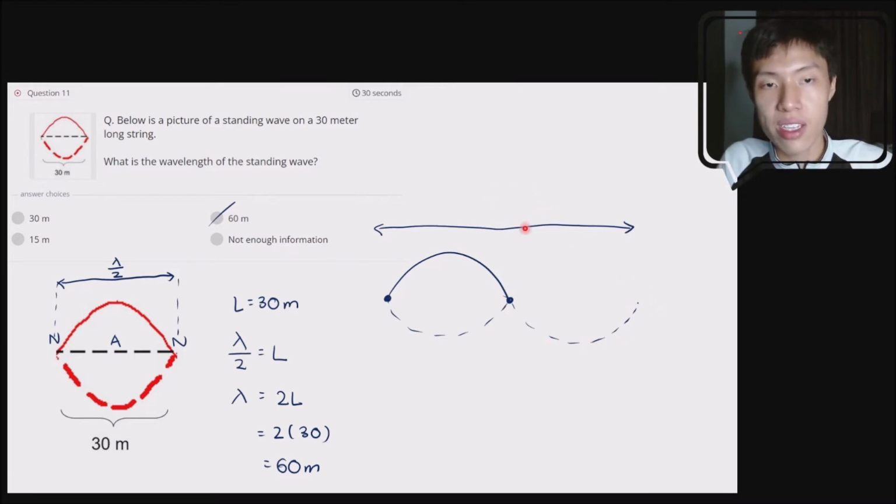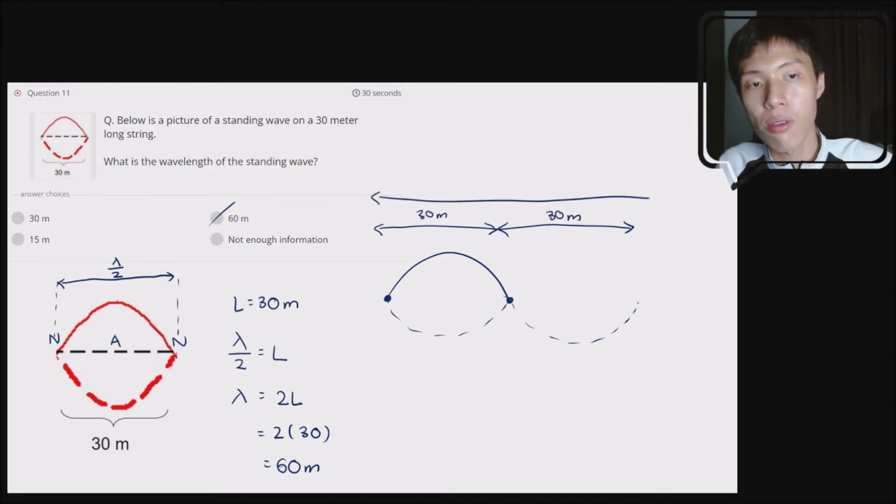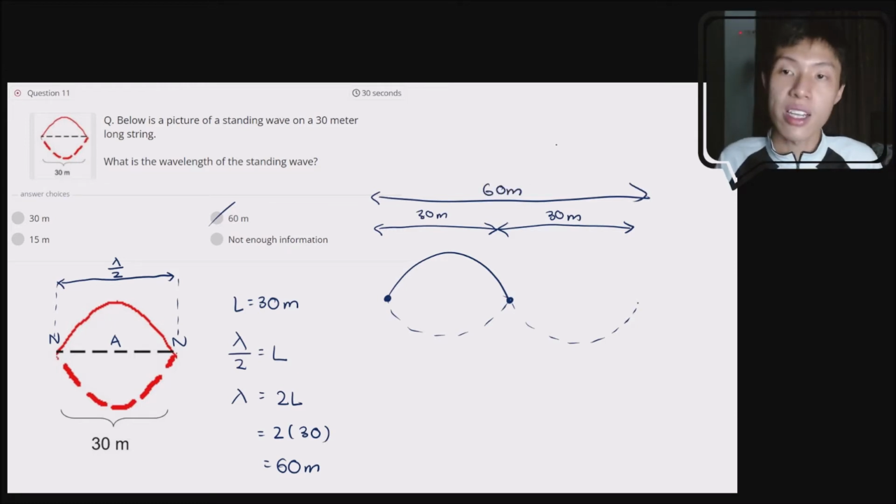You repeat the fundamental pattern twice, then you get one full wavelength. So you have 30 meters over here, and you need to extend it one more time. Therefore, the wavelength is 60 meters. That's another way of determining the wavelength of the standing wave.